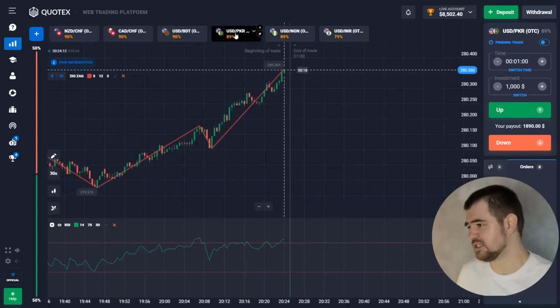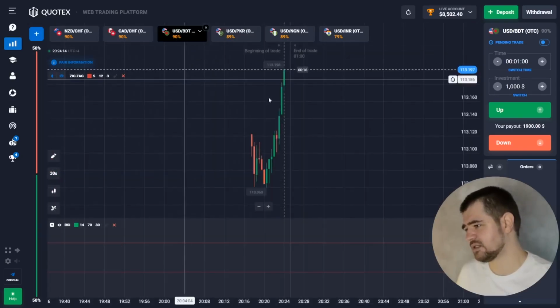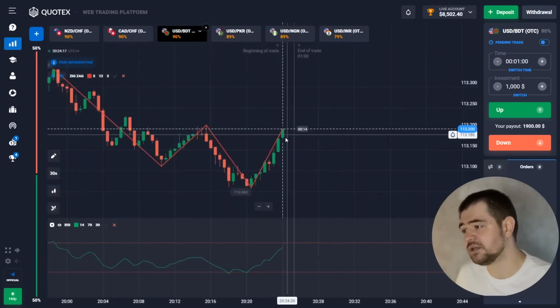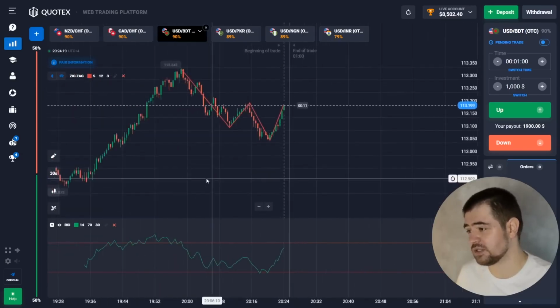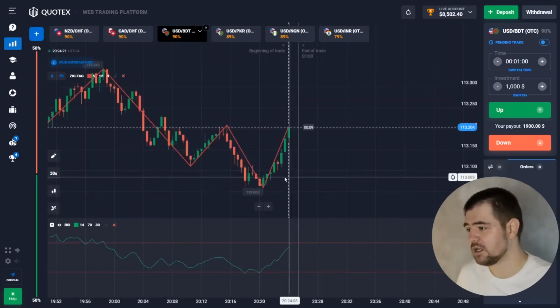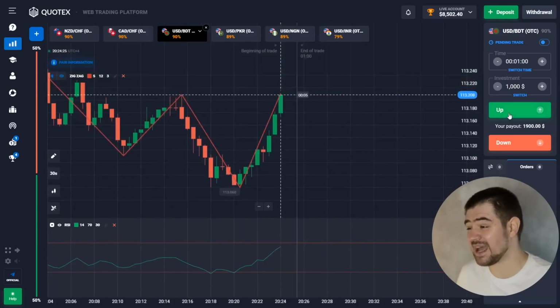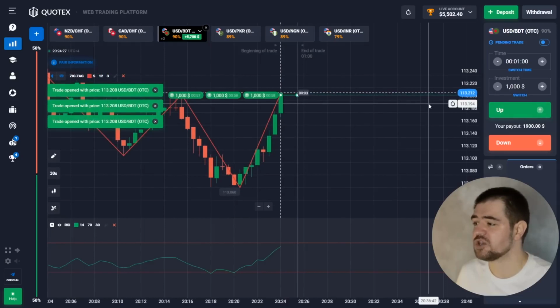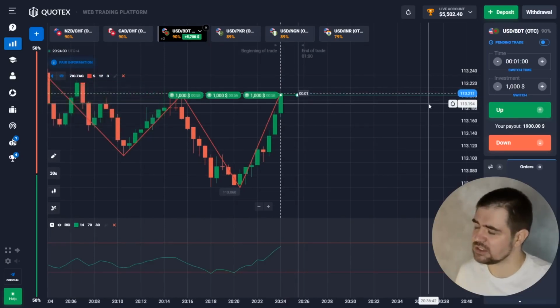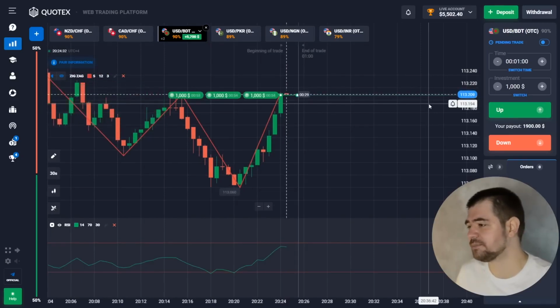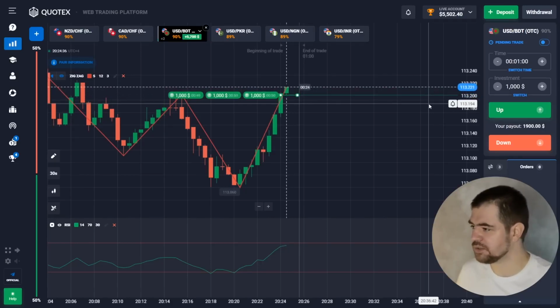I think this one is the best. Oh, actually, look here. This one is a nice one. There's a resistance level, obviously. Overall there is a bearish situation, but it can change right here. So a 3,000 call option for 1 minute, and here we are going to see if it breaks through this resistance level.